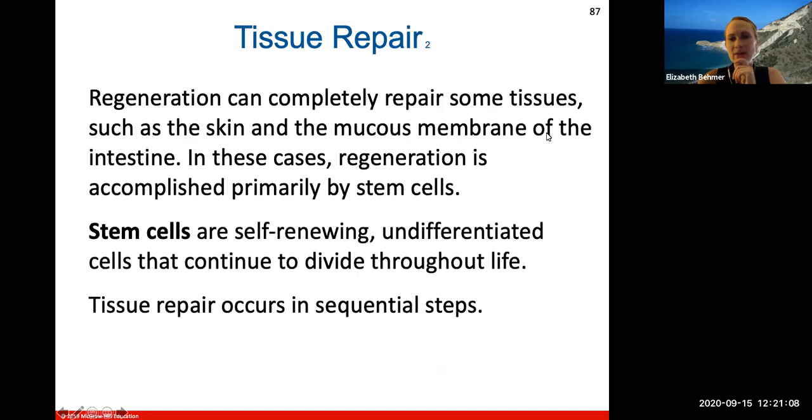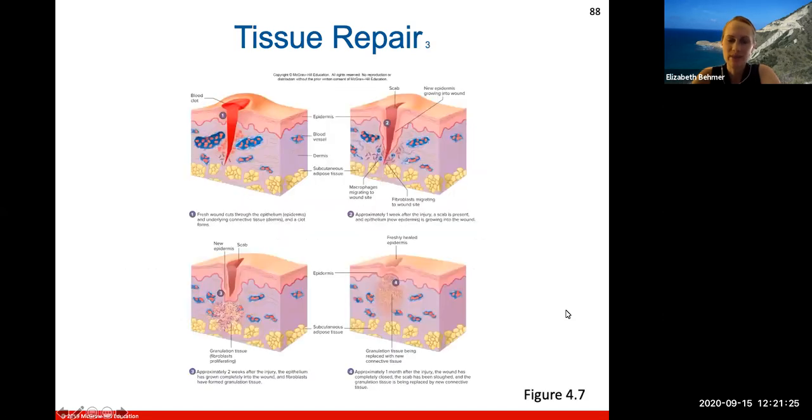Regeneration can completely repair some tissue, such as the skin or mucous membrane of the intestine. And regeneration will be accomplished by what we call stem cells, which are self-renewing, undifferentiated cells that can continue to divide throughout life. And tissue repair also occurs in sequential steps.